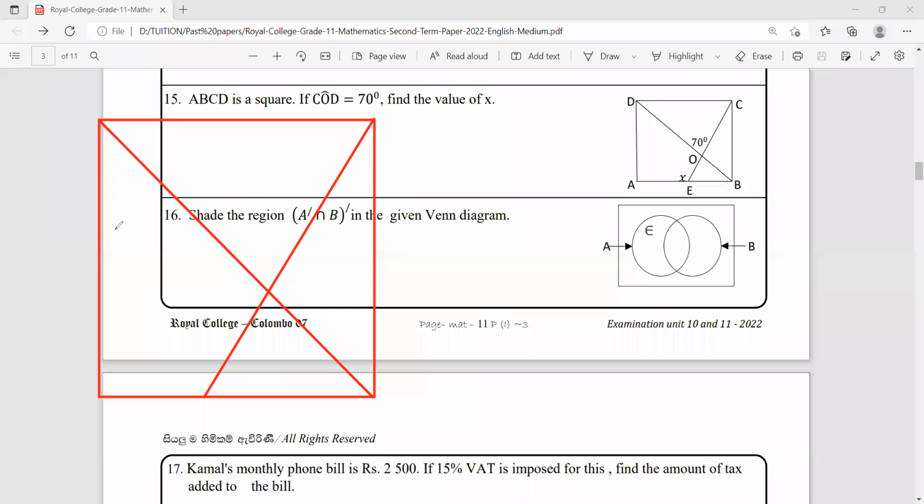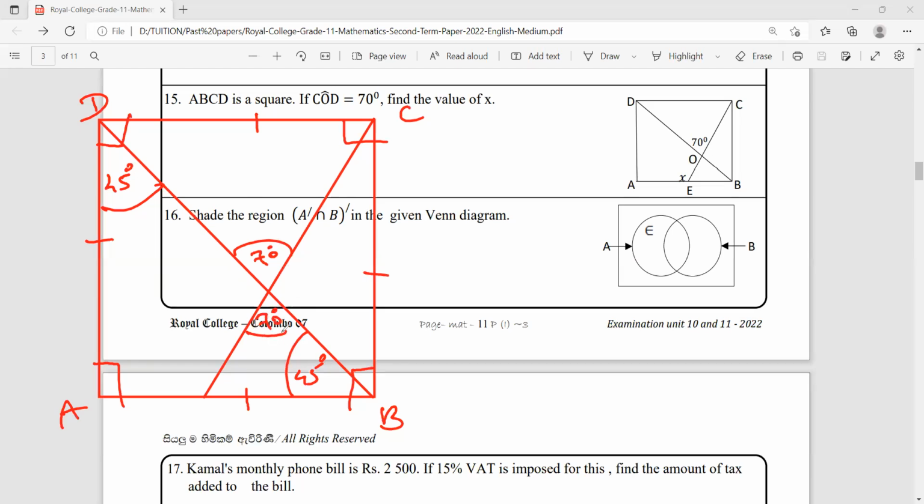And since this is a square, all four sides are equal, and these are right angles. And since ABD is an isosceles triangle, this angle should be 45 degrees, right? And therefore this is 70, and this is also 70.